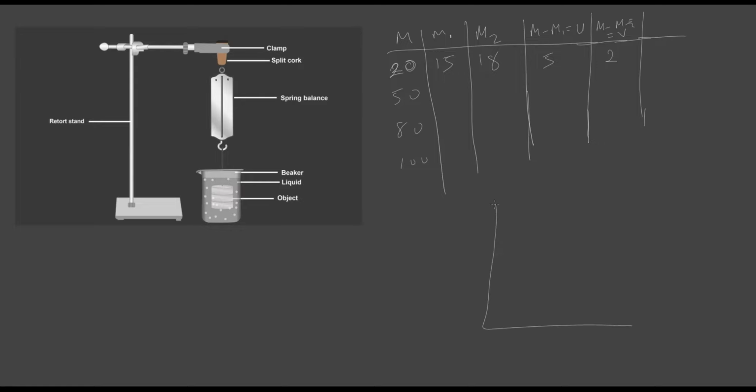The graph will be something like this. You'll be asked to plot V against U, so V on the y-axis and U on the x-axis. And that is how the experiment is expected to proceed. And eventually, you'll be asked to calculate your slope and so on and so forth.